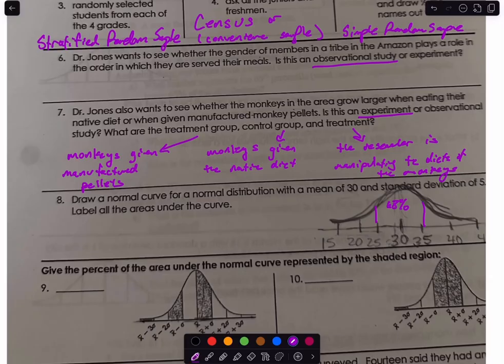And plus or minus 2 standard deviations is about 95%, and that runs from here to here.